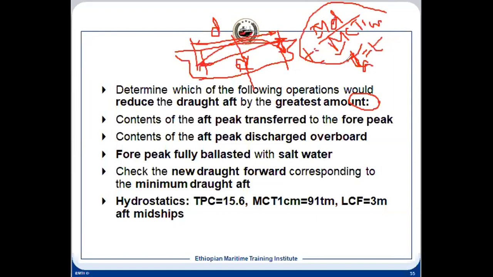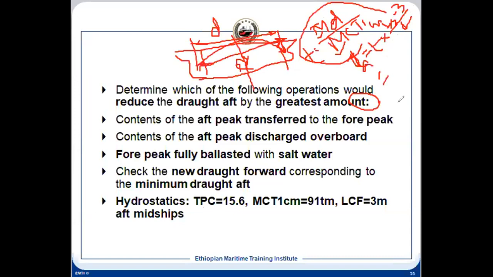Once we find out T, TA we can find out exactly the same procedure, L by 2, and our LCF is aft of midship, it will be minus 3, and then divided by L. And this value we can calculate TA.